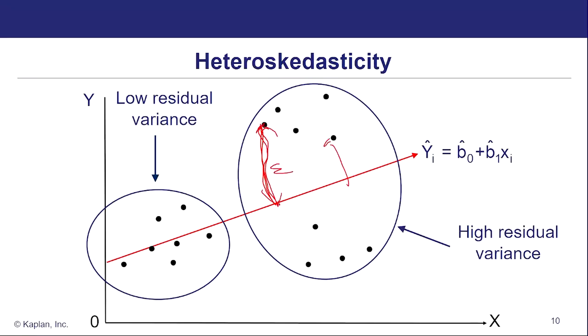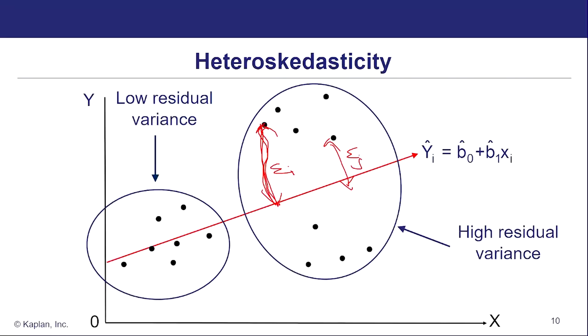Each of these distances represents a different residual. As you can see, the residuals are more compact, low volatility when X values are low, but they're more spread out when X values are high. So that is an example of conditional heteroskedasticity, which you can see visually.